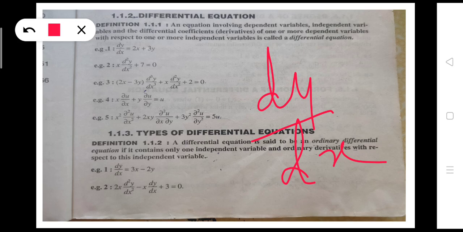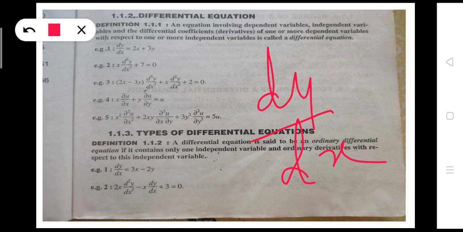Example 2, x into d square y by dx square plus 7 is equal to 0. Here y is the only dependent variable and x is the independent variable.